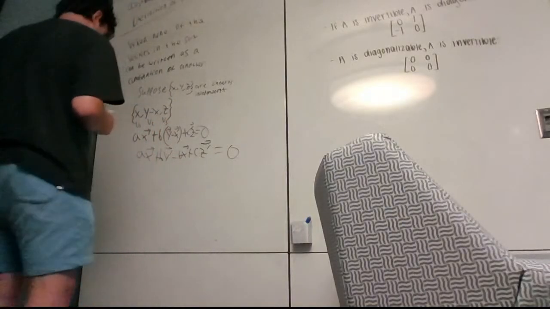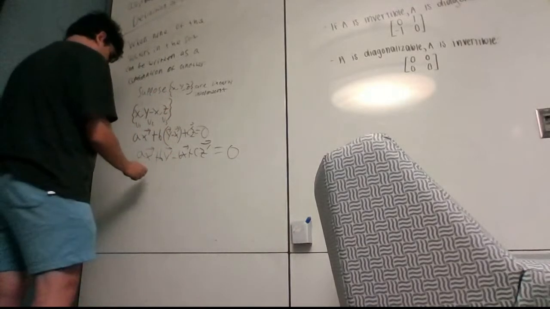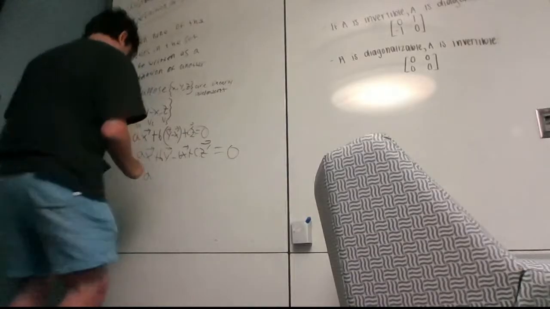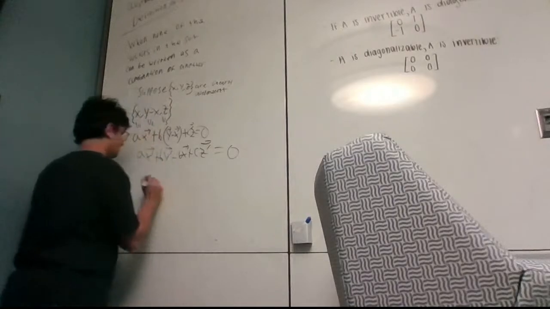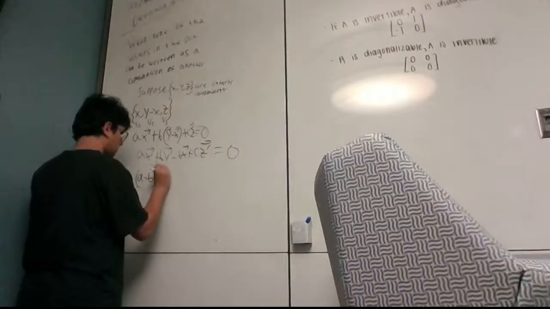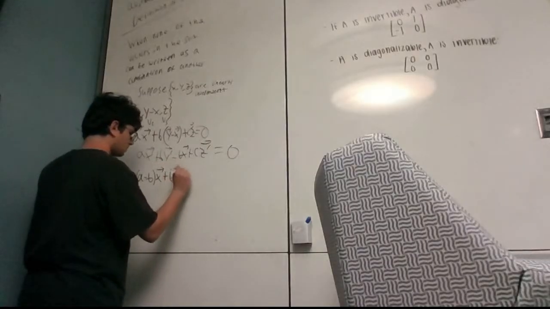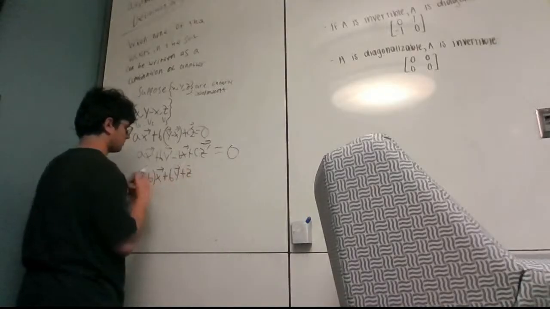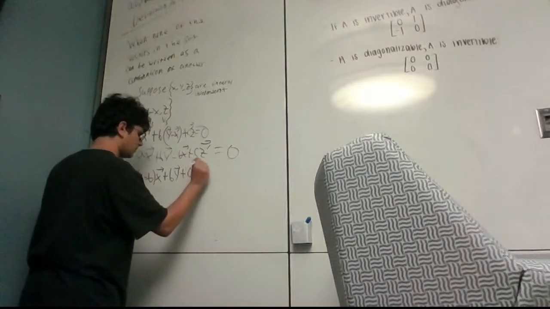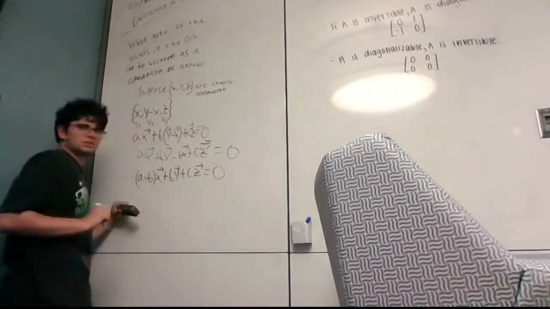So what we have, if we turn this into a minus b of x vector plus b of y vector plus z of c of z vector, and that equals 0.